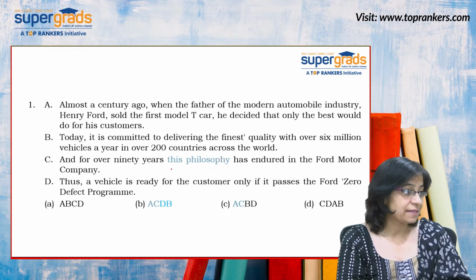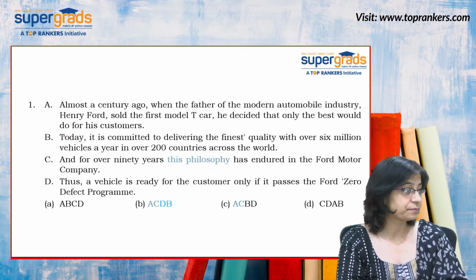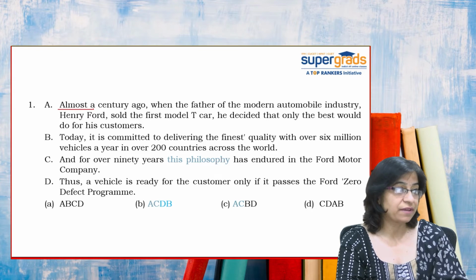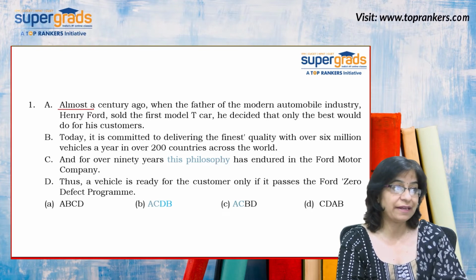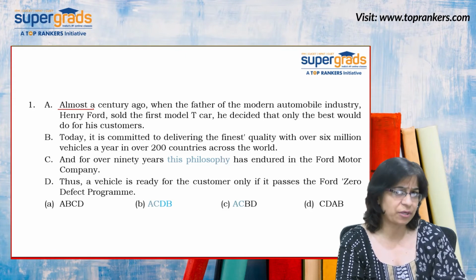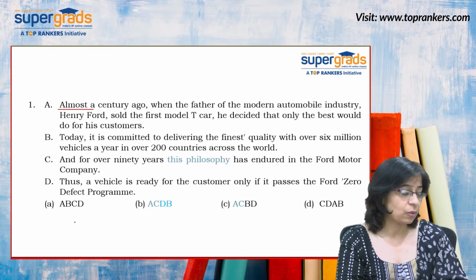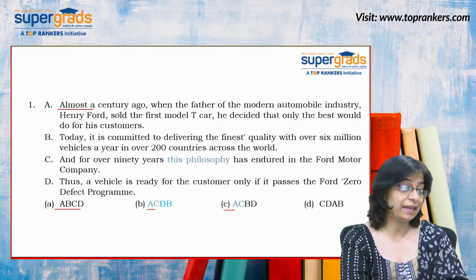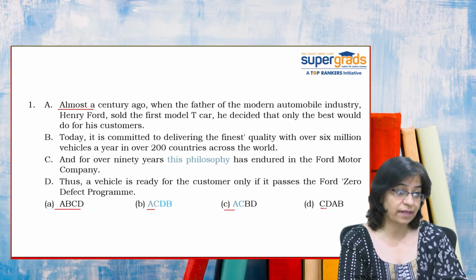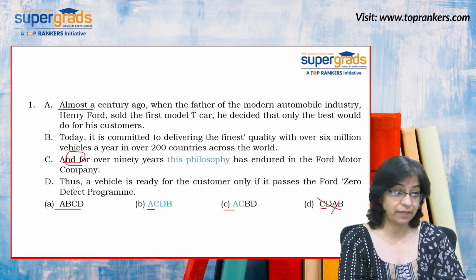Now this one says C. Option A. Almost a century ago, when the father of the modern automobile industry, Henry Ford, sold the first car, he decided that only the best would do for his customers. It looks like a broad introductory statement. So, options A, B, and C, they already begin with A. Let's see if C can work as an opening statement. And for 90 years, eliminate.